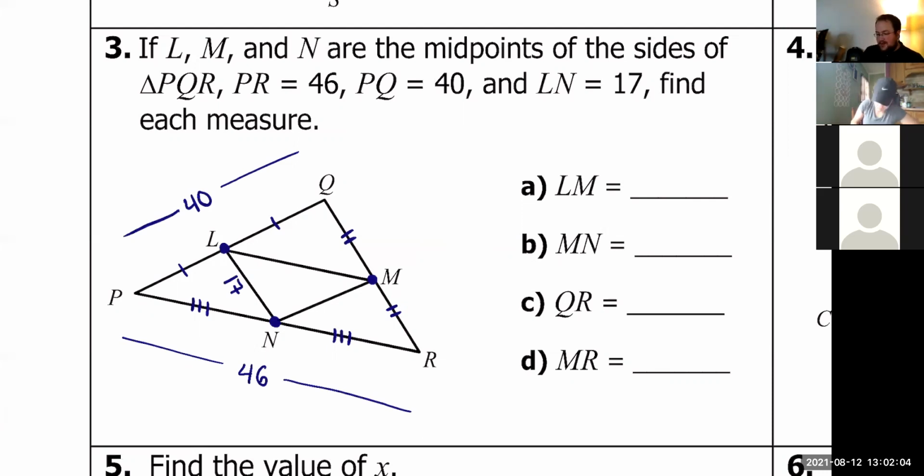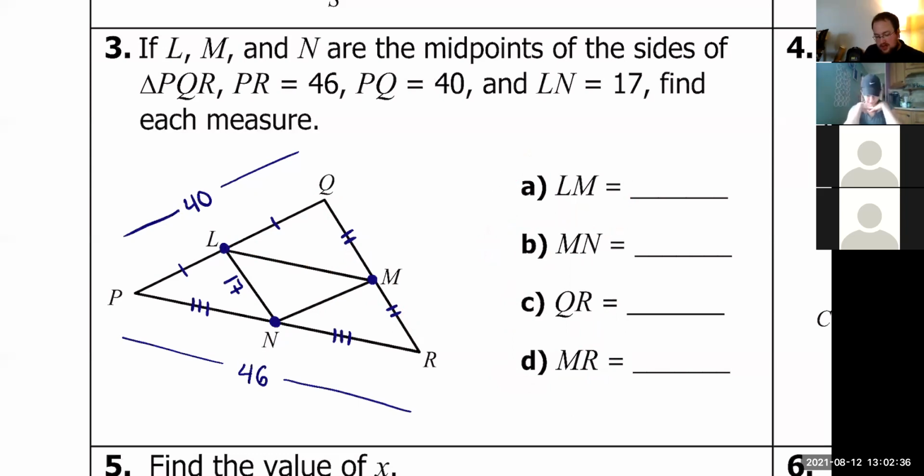It is asking us to find 4 different missing measurements. So what I want to take a look at here, though, very quickly, is that LM is a mid segment, and so is MN. And then QR and MR, those are sneaky. QR is just a third side. MR, we're going to see, is just half of that same side. So once we find QR, we'll just cut it in half.